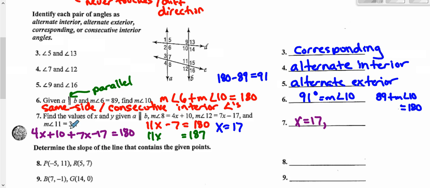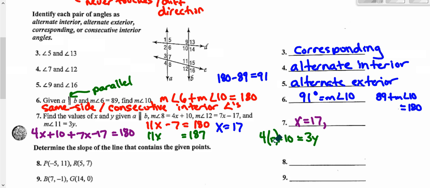So here we have the measure of angle 11. Now the 8 and the 11 are equal to each other. So what I'm going to do here then is set them equal to each other. So I'll have 4x plus 10 equals 3y. But remember the x equals 17. So I'm going to go ahead and erase this x, and I'm going to write 17 in here.